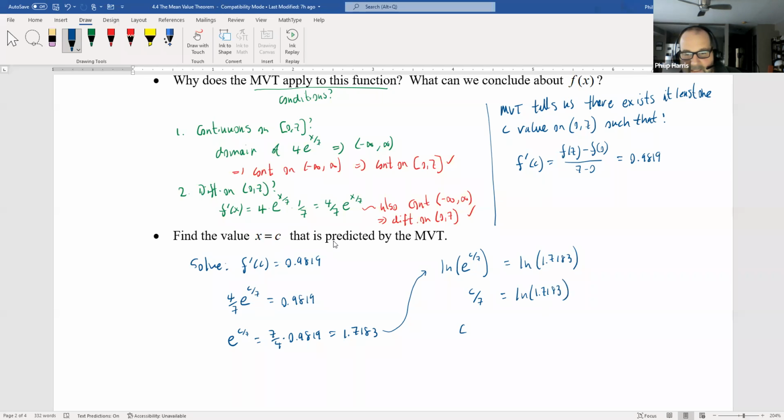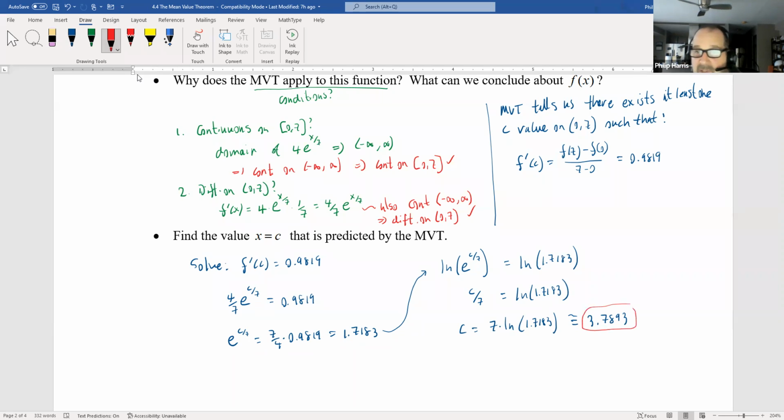So finally, c is 7 times ln 1.7183. I can evaluate this on my calculator. I get this to be 3.7893. So this is the c number sought after.